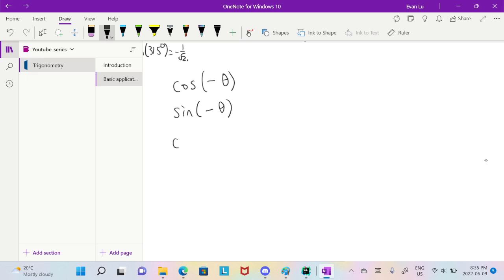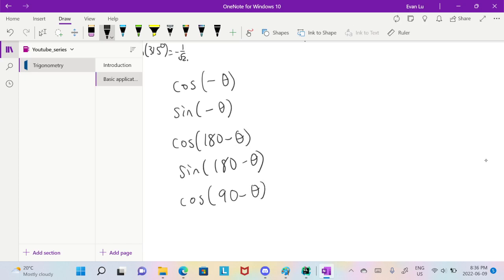How can I try to write cos of 180 minus theta, and also sine of 180 minus theta? Also, how can I try to write cos of 90 minus theta and sine of 90 minus theta? All right, so I'll leave you with those little thinking points for next time.